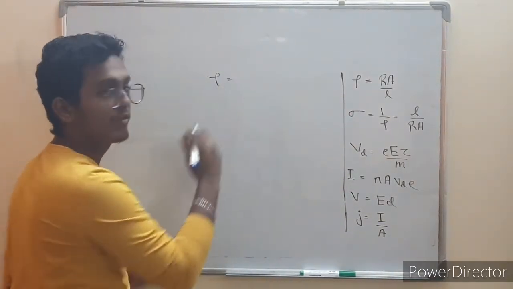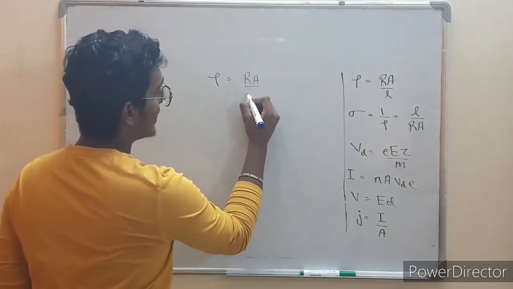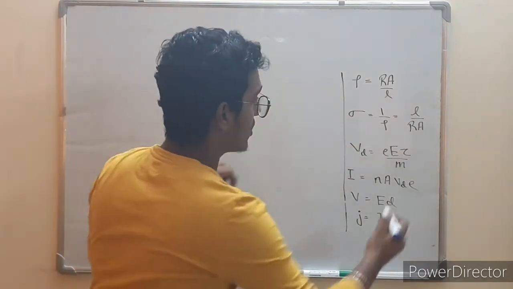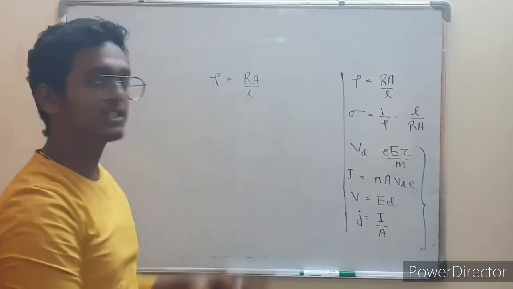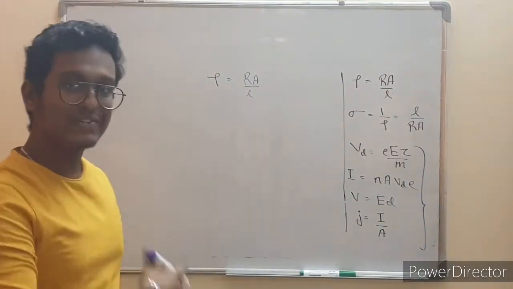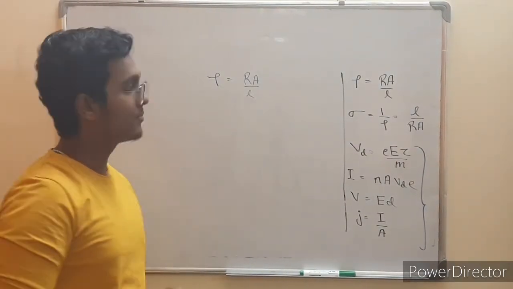We'll write down what we know already, which is R times A divided by L. Now we need to somehow introduce any one of these four quantities into this term, but we do not have anything similar for now. So we're going to convert the resistance of this conductor in terms of its voltage and current using Ohm's law.